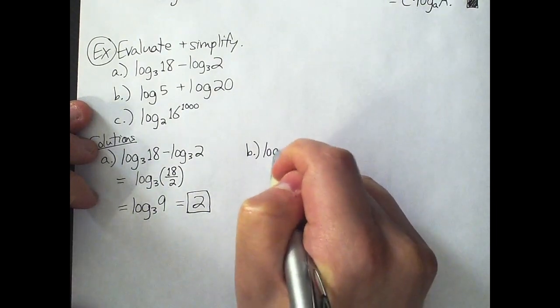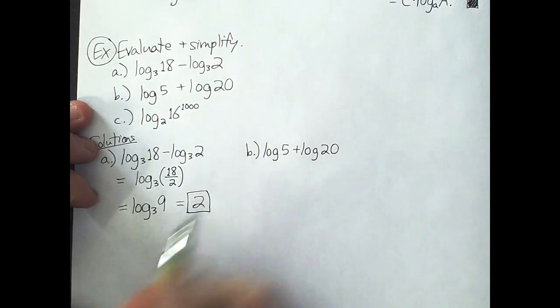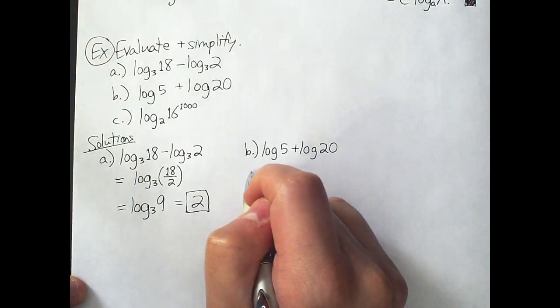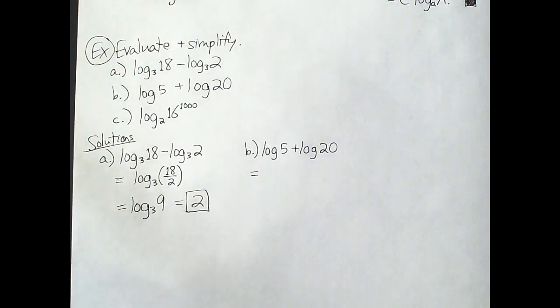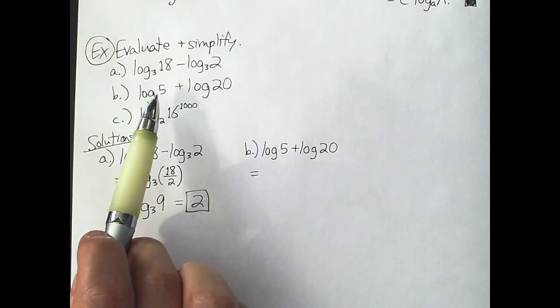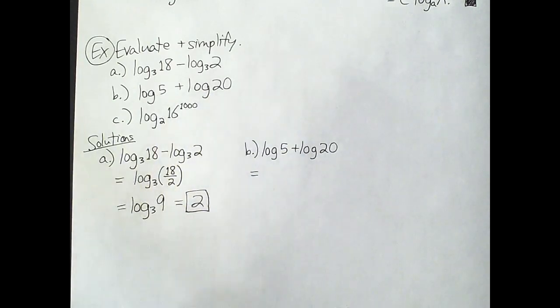All right, I am going to copy this down, and we'll see what this equals. Oh, this looks like law 1. This looks like the right-hand side of law 1. And if it looks like the right-hand side of law 1, then it must equal the left-hand side of law 1. By the way, this just says log 5, log 20. There's no base written. And when there's no base, remember that that means the base is 10.